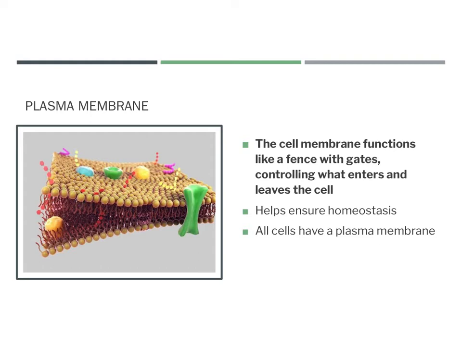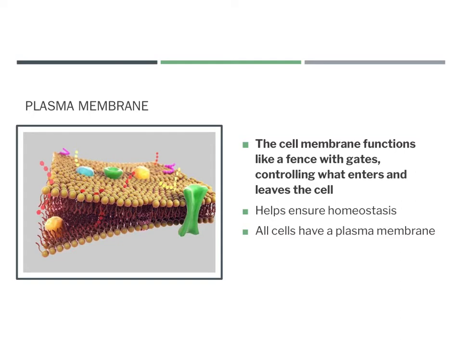For anything that wants to go in or out of the cell, it has to go through the plasma membrane. And just like a fence with a gate, sometimes the gates can easily open and allow some substances in. Other times, if the gate's closed, it prevents something from getting in or getting out. By that feature, the plasma membrane helps the cell maintain those internal conditions, right?